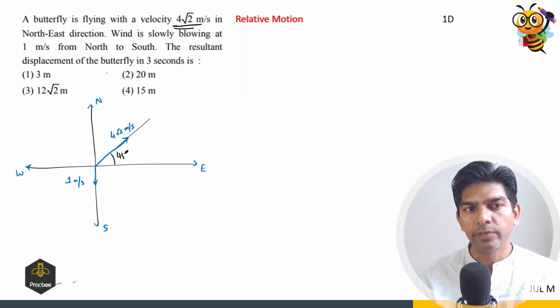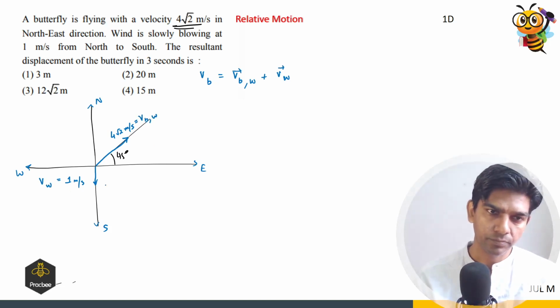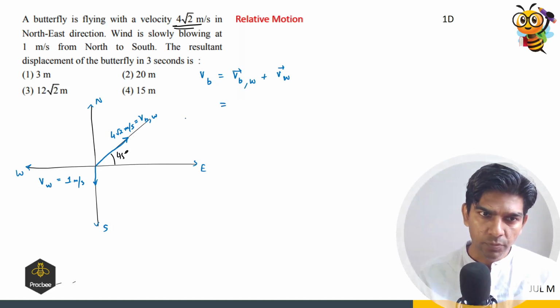The resultant displacement of the butterfly. So the velocity of butterfly in ground frame will be velocity of butterfly with respect to wind plus velocity of wind, right? Let me call this the velocity of butterfly with respect to wind, and this will be the velocity of wind. So vector addition of these two. So velocity of butterfly with respect to wind will be 4 root 2, and let us take the components.